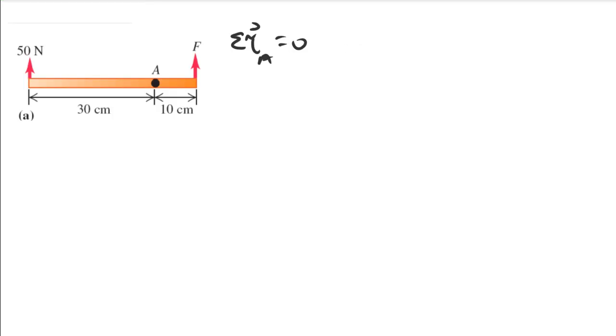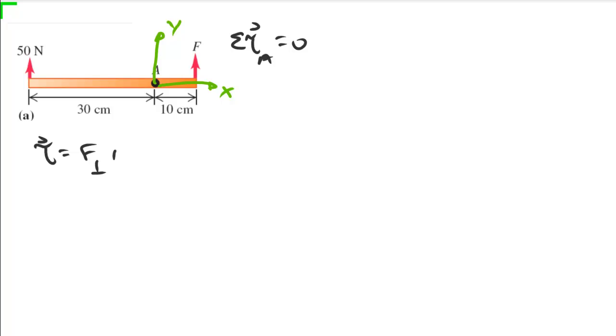These forces are all perpendicular to the bar. The bar is along the x-axis and the force is along the y-axis, like we have a coordinate system right here. The easiest way to go about this is to take our torque as force times moment arm.